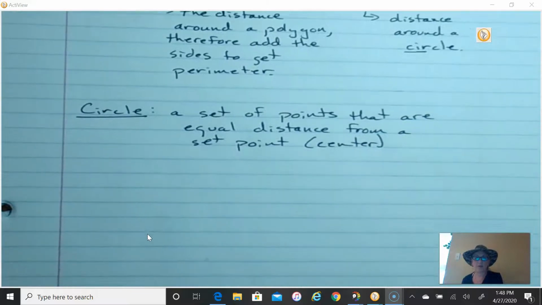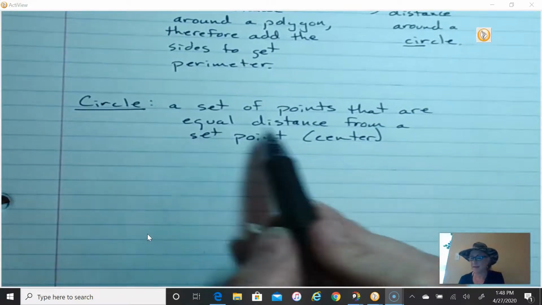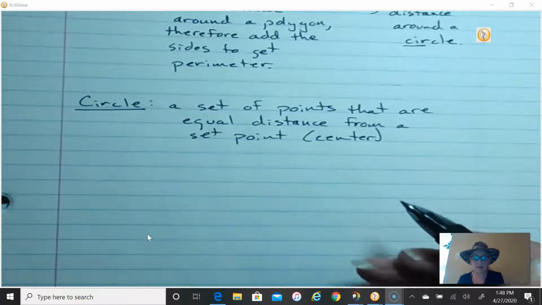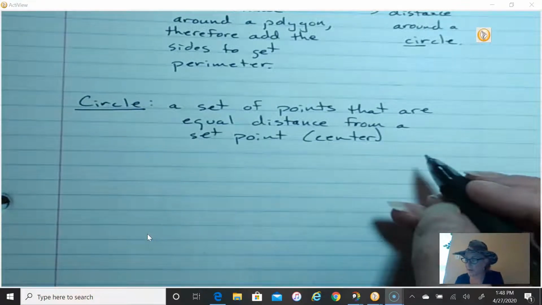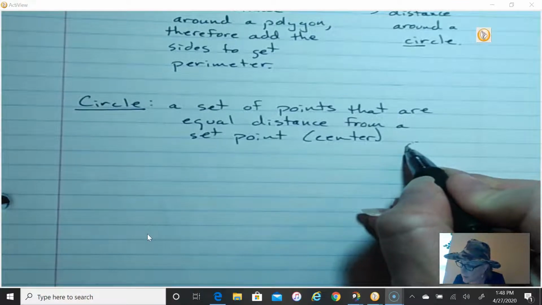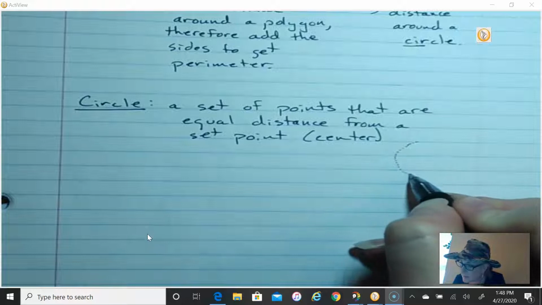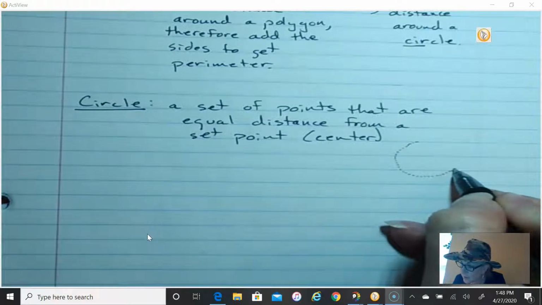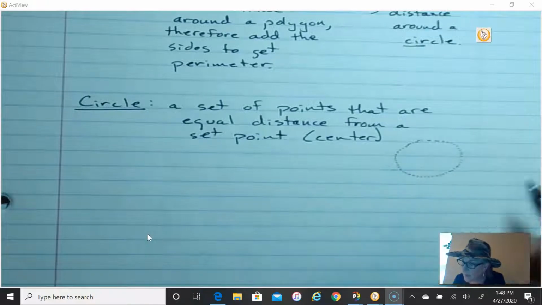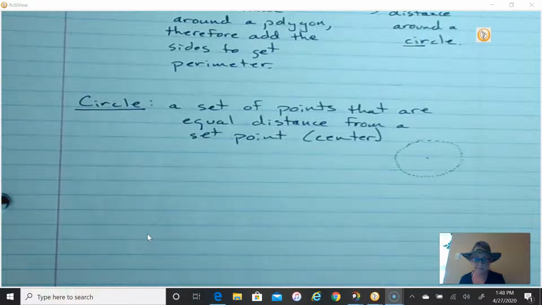Basically, you're talking about a million dots, points, all close together, and they're equal distance from the center.